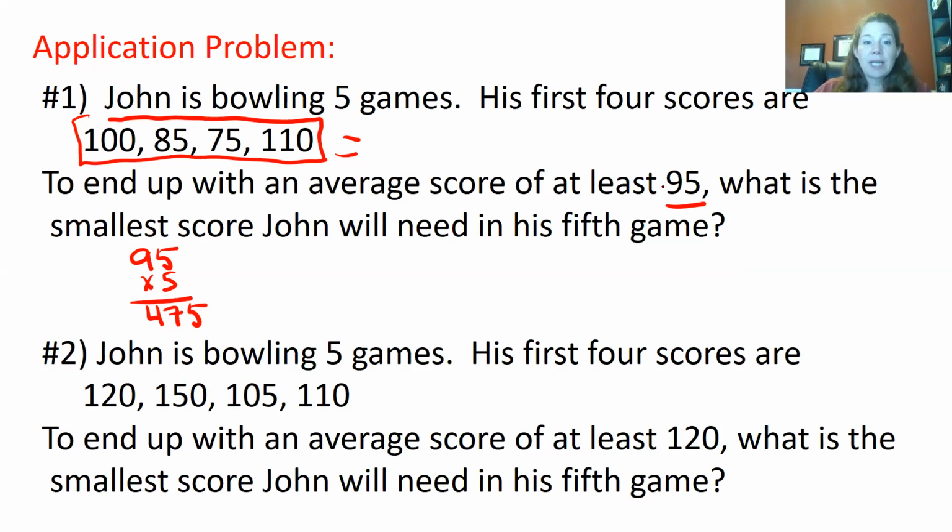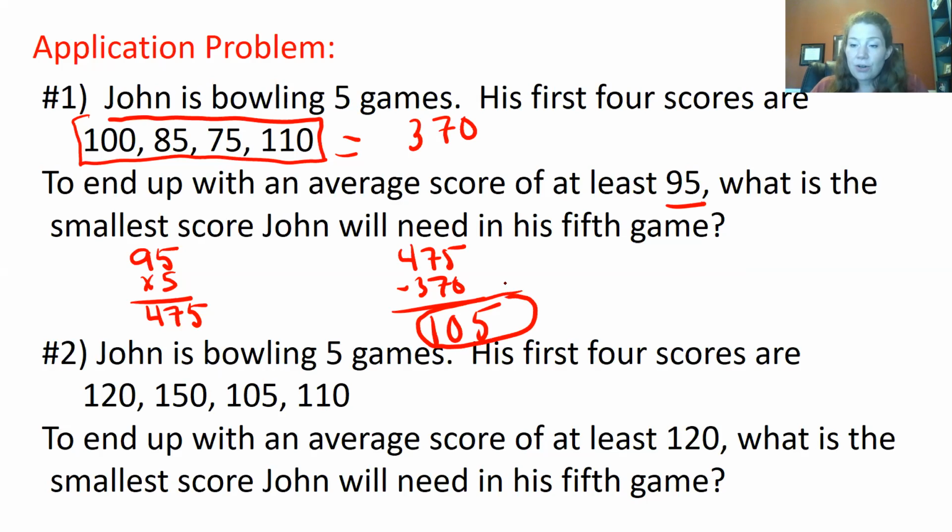He's already earned 370 points. Well, if he needs 475 points and he's already earned 370 points, that means his 5th game has to be at least 105. He has to earn 105 on his 5th game. That is the answer.